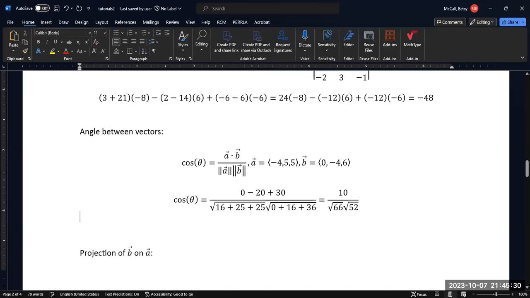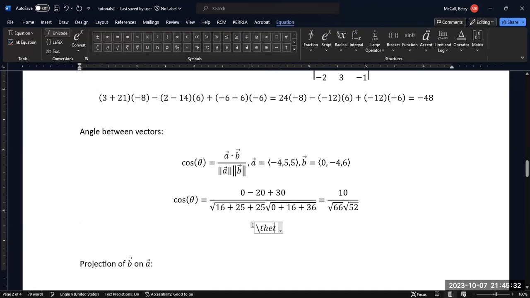Now, to find theta, we would then have to put that into our calculators. Keep in mind that if you put this in radian form, then you will get radians. And if you put this in angle form, then you will get degrees. So it's a good idea to check your calculator to make sure that you know what answer you're going to get out of it.